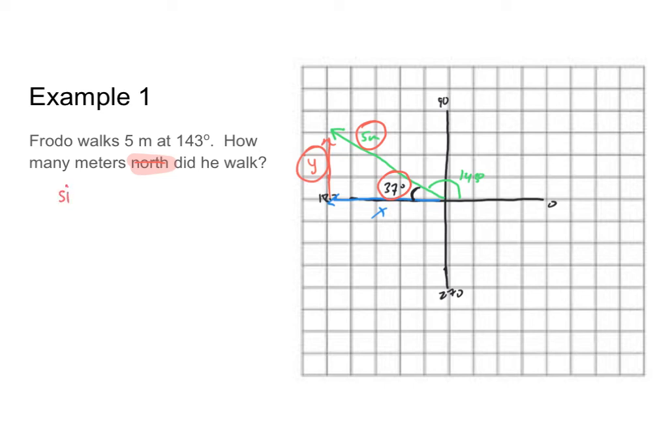So sine of my angle is equal to my opposite side y over my hypotenuse of 5 meters, giving me y is equal to 5 times the sine of 37, or y is equal to approximately 3 meters. So I have broken down my vector into one of its component parts. I could break it down even further and figure out this x component using cosine, but again, I'm not going to do that because my problem didn't ask me for that.